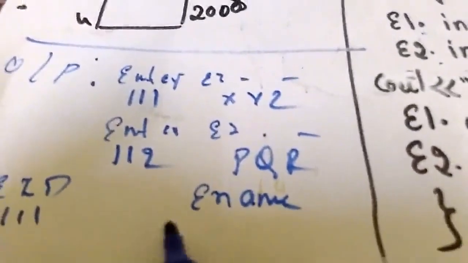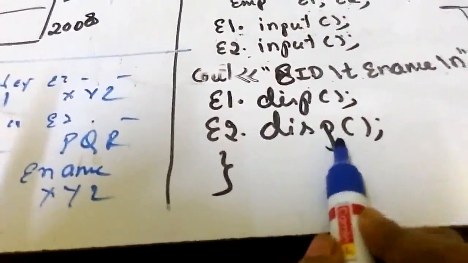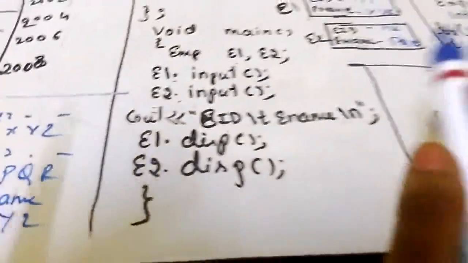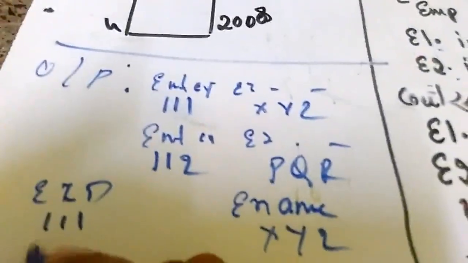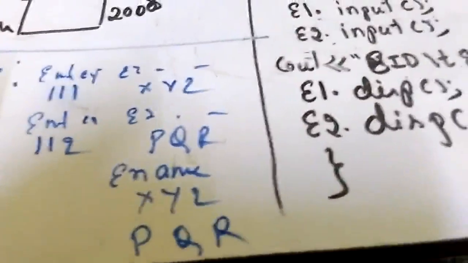It gives a tabular space here and XYZ. Again, the next function call is there, E2.display. The same function will be executed. Now this time it displays the values of E2, 112 and PQR. Like this it will be executed.